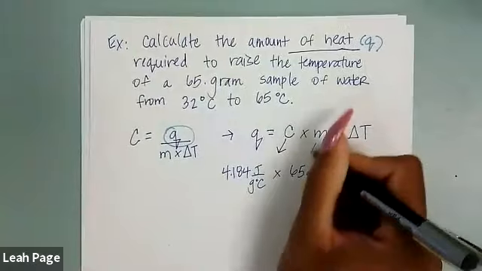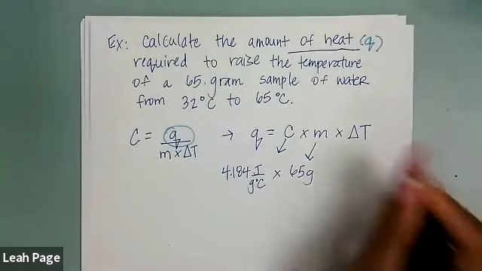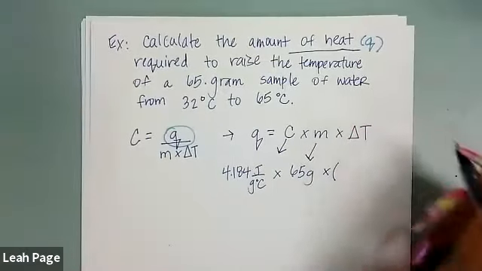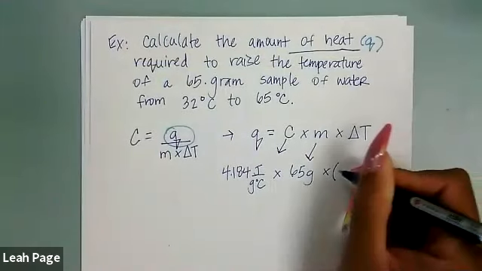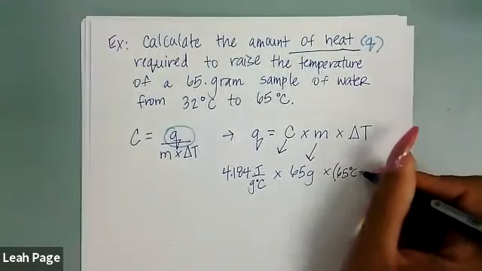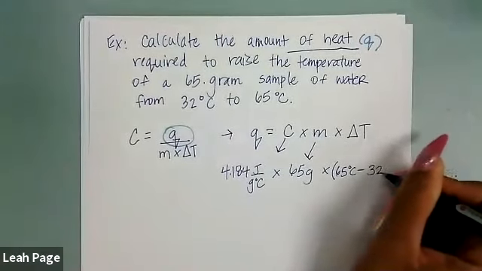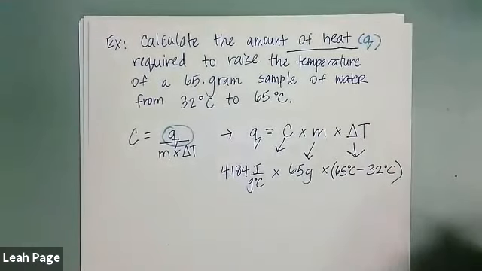And then my change in temperature, remember that triangle, delta T just simply means final temperature minus initial temperature. What's my final temperature? 65 degrees Celsius. What's my initial temperature? 32 degrees Celsius. This is how you calculate your change in temperature.